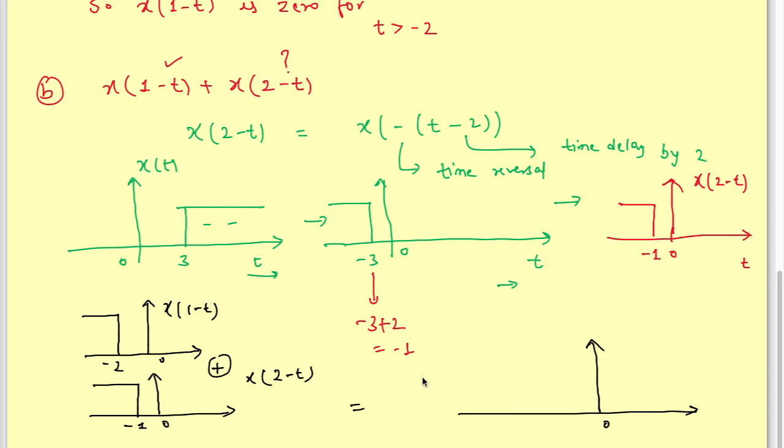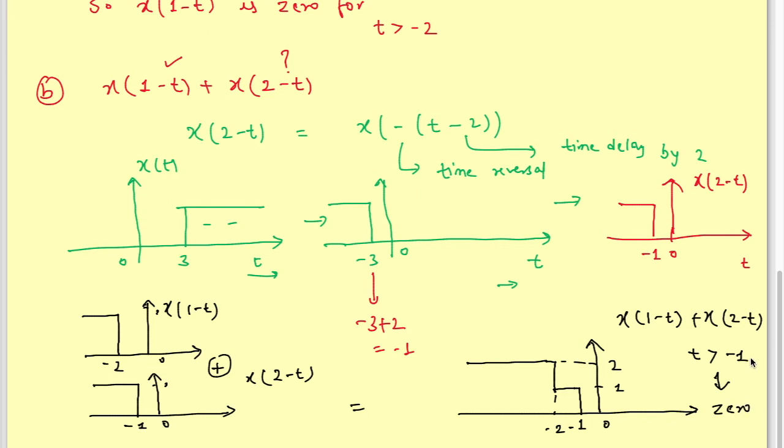If this unit is 1 here and here it is also 1, then it will become 2 here, and after this it will become 1. So here it is minus 1 and here it is minus 2, here it is 2 and here it is 1. So this is x of 1 minus t plus x of 2 minus t, and this signal is 0 for t greater than minus 1.